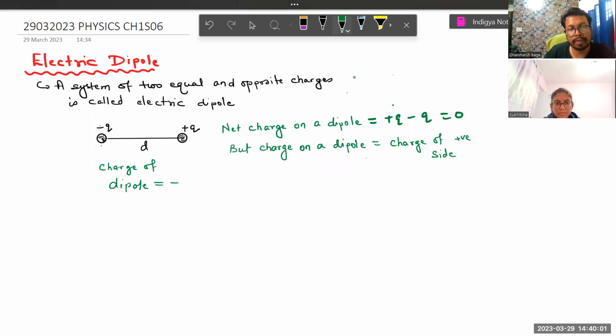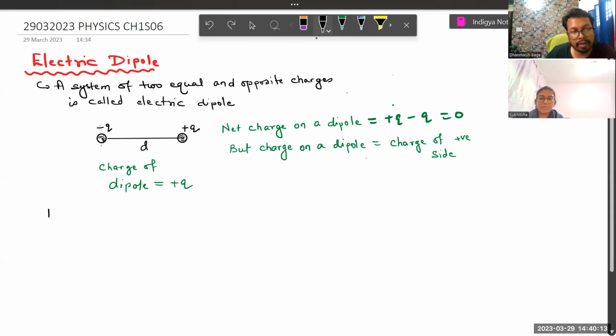Charge of dipole will be plus q in this case. Whatever is the charge on the positive side, that will be called the charge on the dipole. The net charge is zero, but charge on the dipole is the positive charge, positive q. So whenever the system is of plus 2 coulomb, minus 2 coulomb, plus 2 coulomb will be the charge on the dipole.